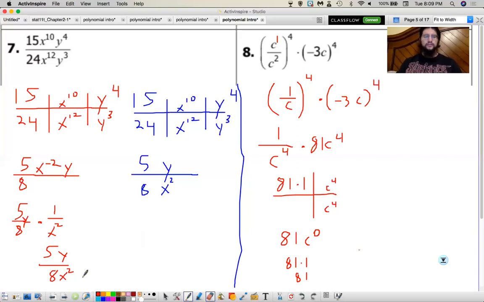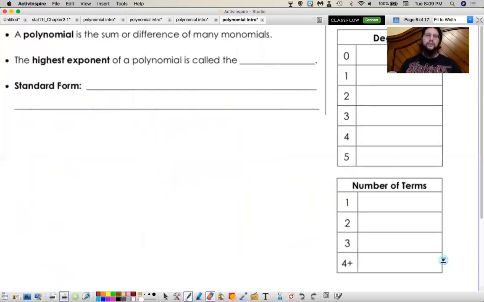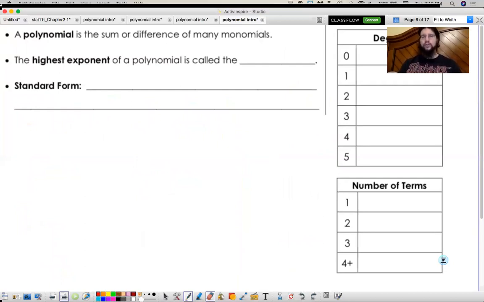All right. Let me throw this on here. If we have multiple monomials, we call it a polynomial, no matter how many there are. So if you're adding and subtracting monomials, it's called a polynomial. Many monomials.